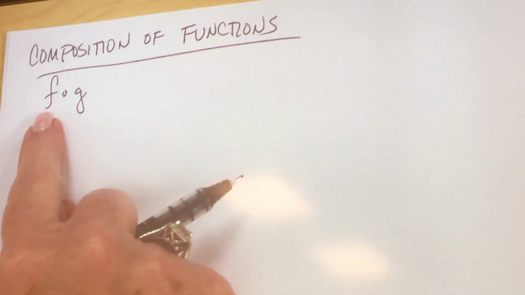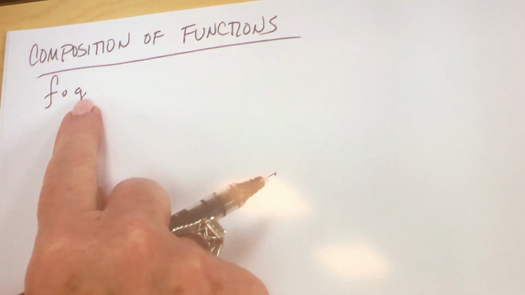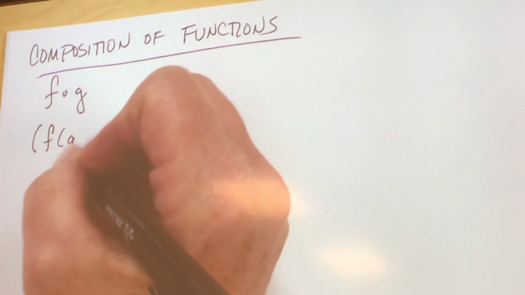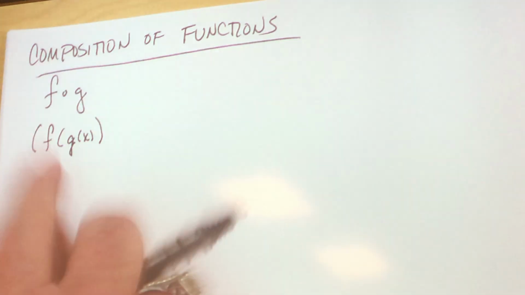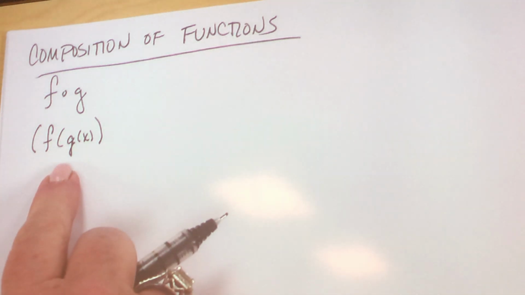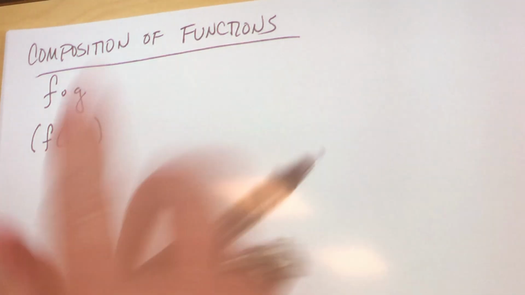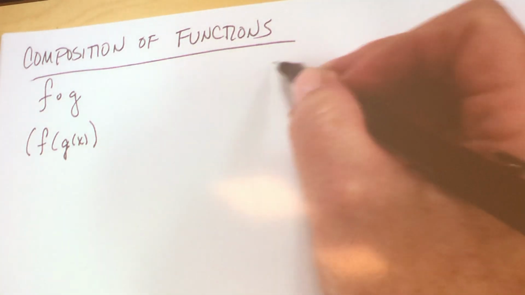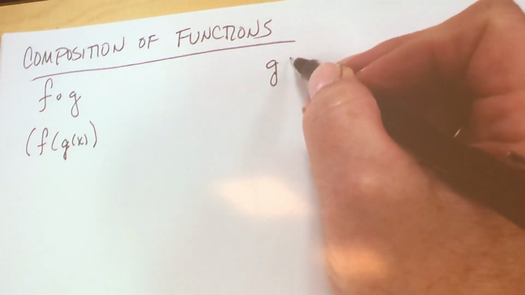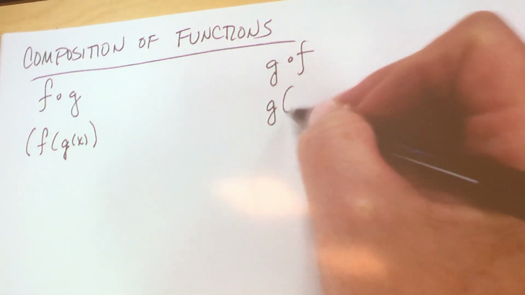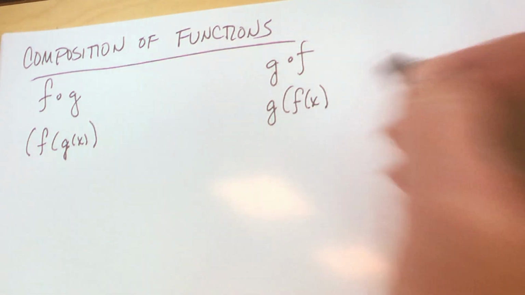This says F composition G, and actually, it is F of G of X. This is the way I like to write it. It's the way that I teach it from, okay? So, the other one is G composite F, and that is G of F of X.